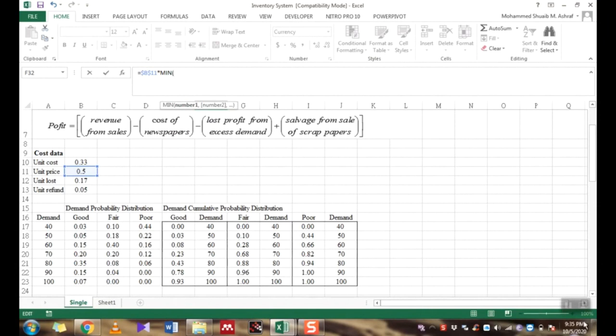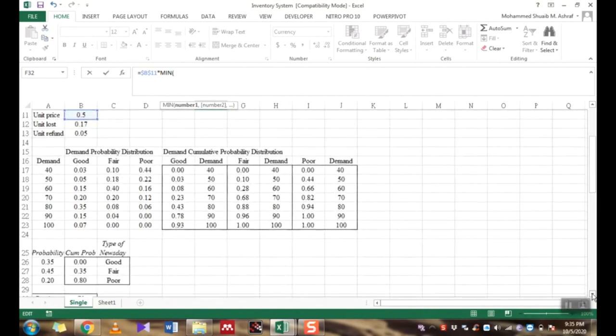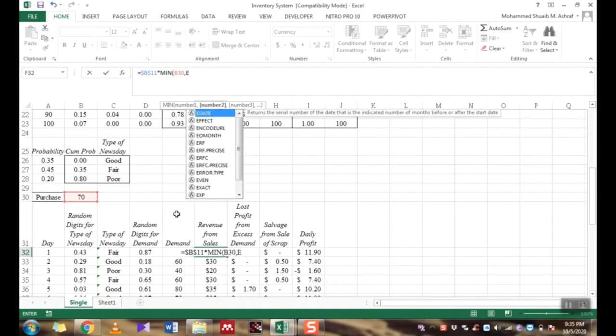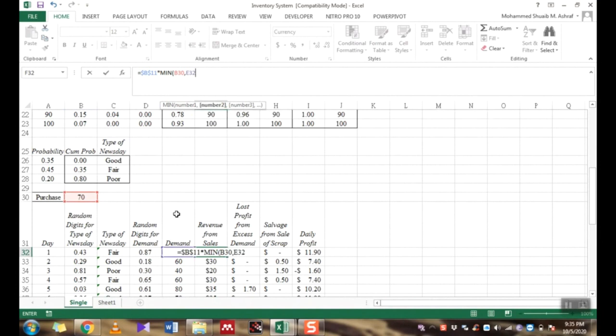We will pass this daily newspaper and this demand. What is the cell value of this? E32. This 70 newspaper will be fixed. So I will make it fixed.